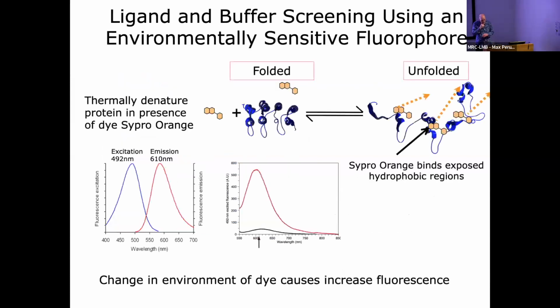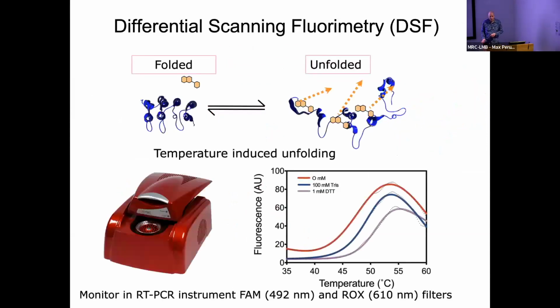But lots of people use extrinsic fluorophores. Another way of looking at protein stability is using a dye called SYPRO Orange. It excites and emits there, and when it binds to hydrophobic regions that are exposed when you have a denatured protein, you get a big change in fluorescence. The dye was chosen because it's comparable to the filters in a qPCR or RT-PCR machine, so you can put this into a PCR machine under different conditions.